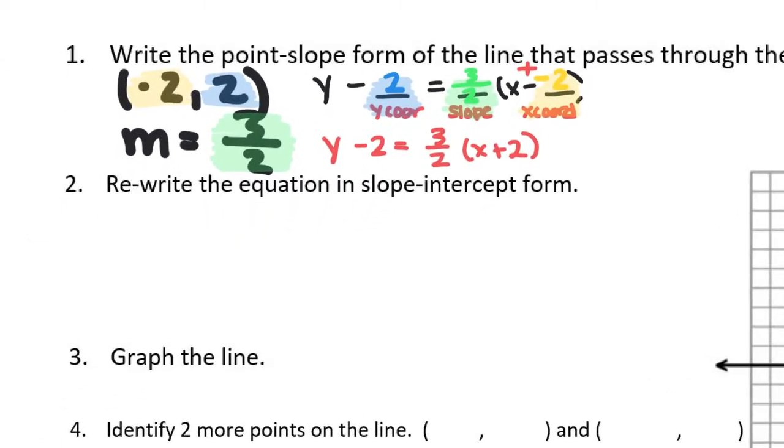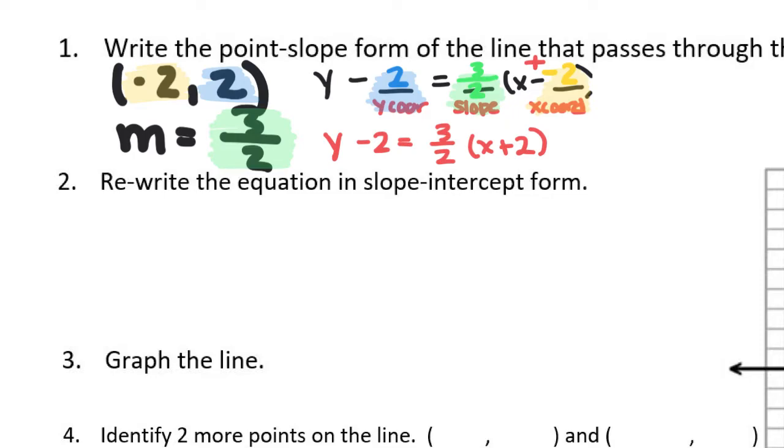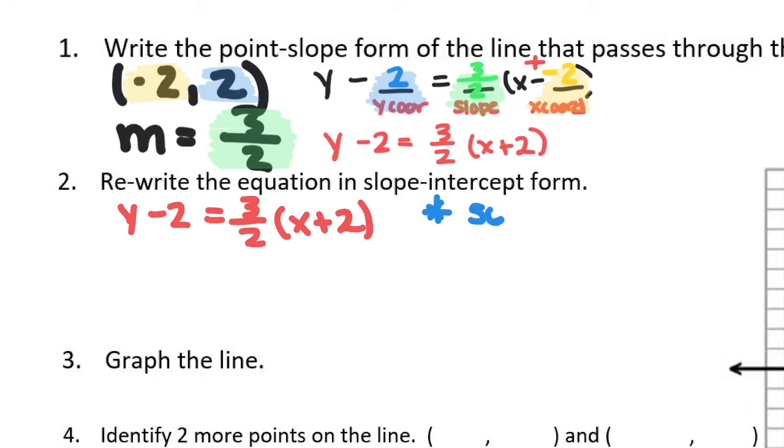Now the next part of our question says rewrite the equation in slope-intercept form. So if my equation is y minus 2 equals 3/2 times x plus 2, essentially what you're going to do here is solve for y, because remember slope-intercept form is y equals mx plus b.